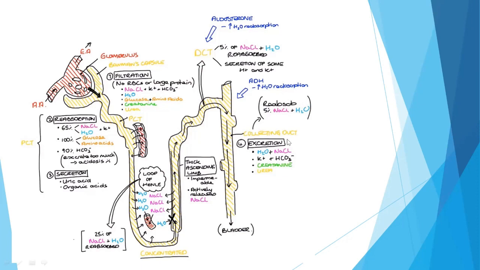In the collecting duct, there is also excretion of creatinine and urea. The water reabsorption occurs in the proximal, or initial, part of the collecting duct. In the distal part, there is again some amount of water and salt excretion, and there is excretion of potassium and H plus.